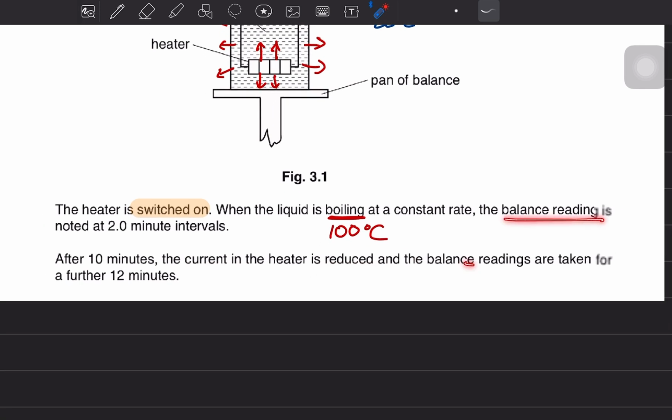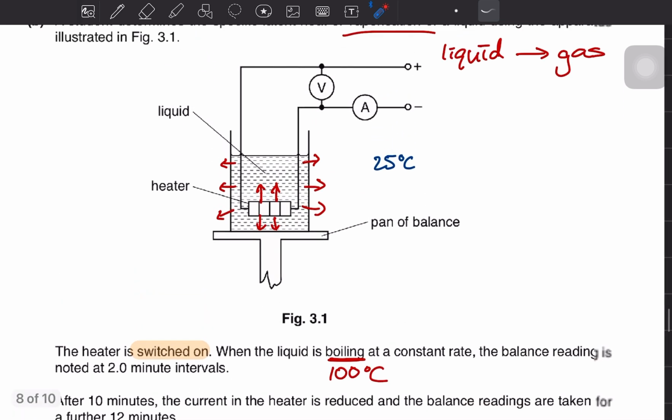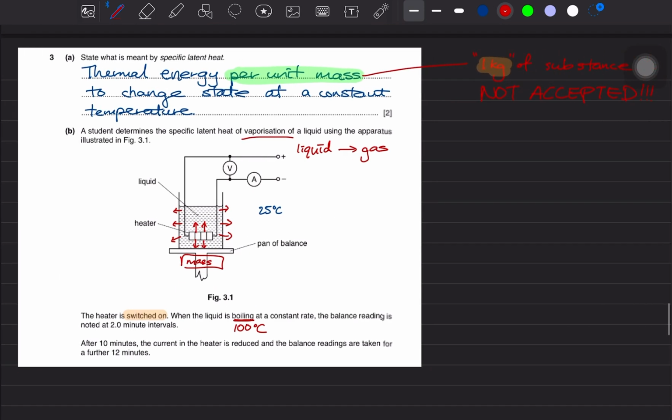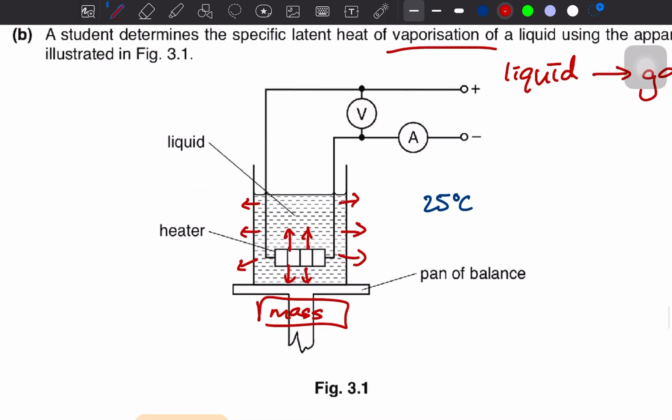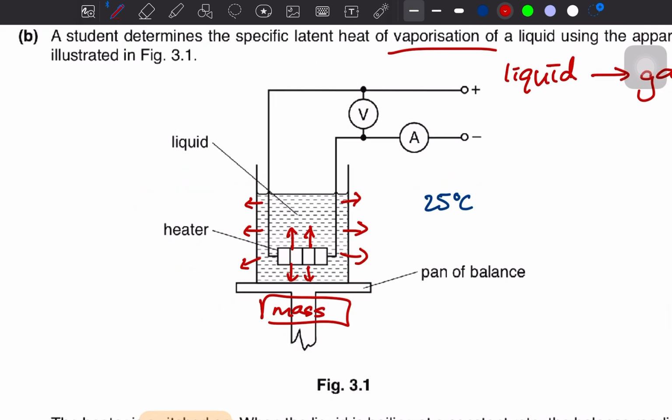And they're reading the balance reading. So here they are actually measuring the mass of the water. Why are they measuring the mass? If you see, this liquid is boiling right now.